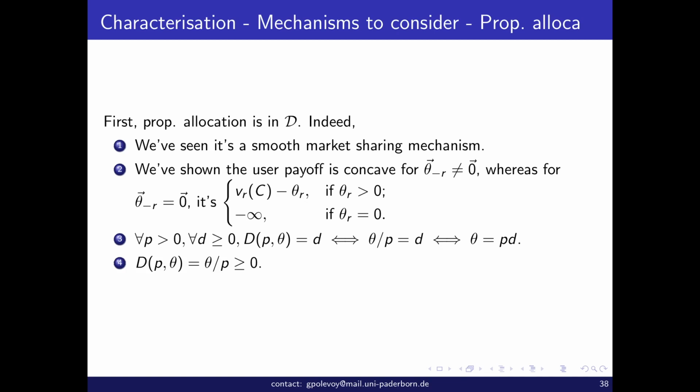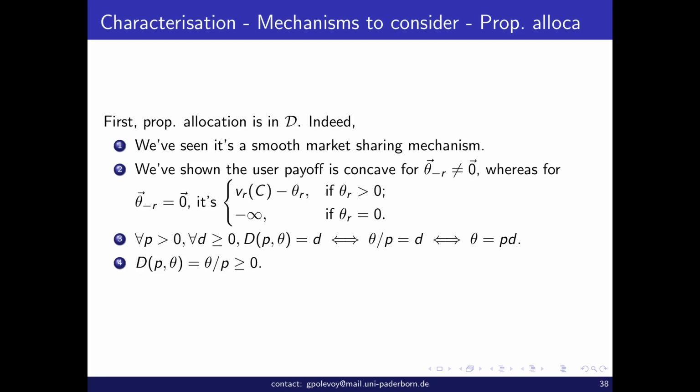Now, the third property is that you are able to achieve anything, and of course, when what you get is theta divided by the price at some positive price, you are definitely able to achieve anything. Simply, you need to bid price times what you want to achieve. And that's exactly what you need to bid. It's also intuitive.